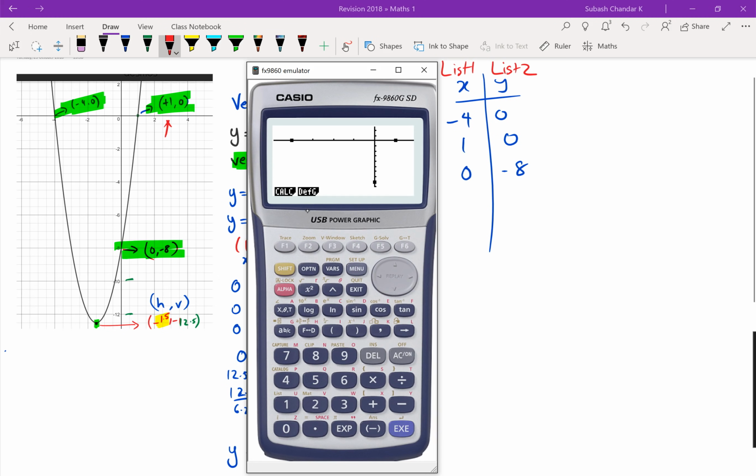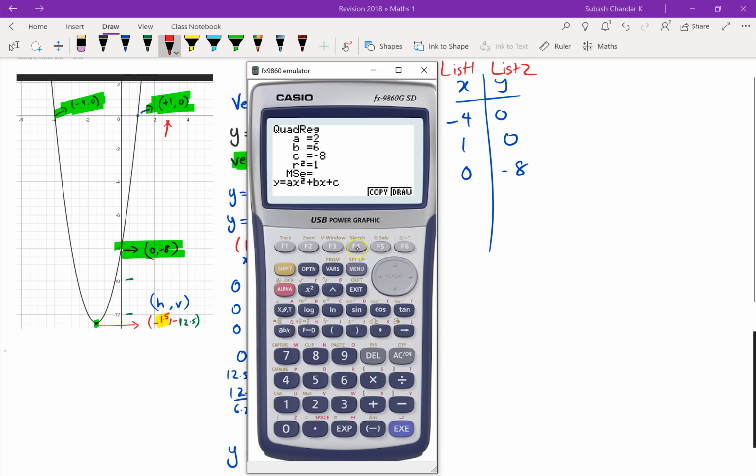If you press F1 again, which says calc, the bottom of your screen should look like this. And I think if you see F4, it should say x squared.